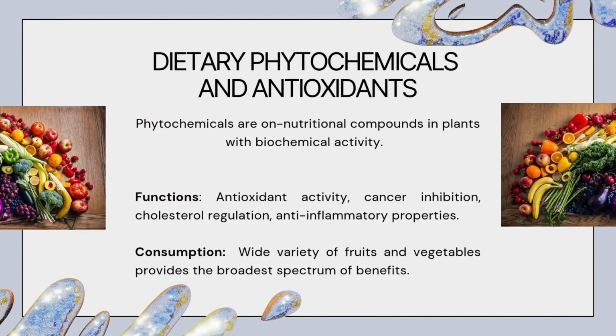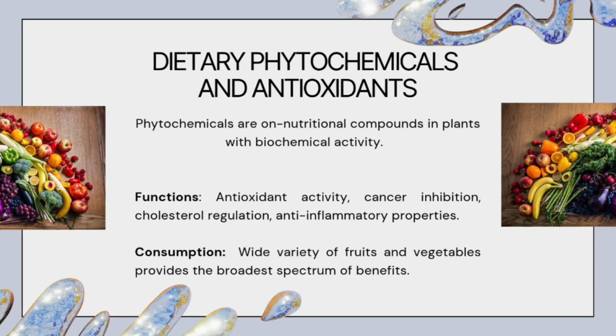Numerous studies indicate that diets high in fruits and vegetables are associated with a healthy lifestyle. One reason for this is that fruits and vegetables contain compounds called phytochemicals. Phytochemicals are compounds found in plants that have biochemical activity in the human body, even though they have no nutritional value.